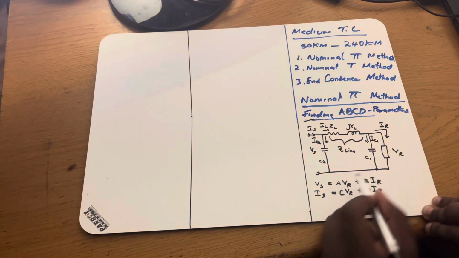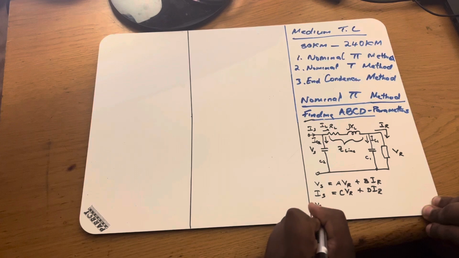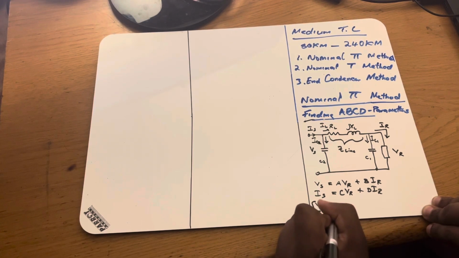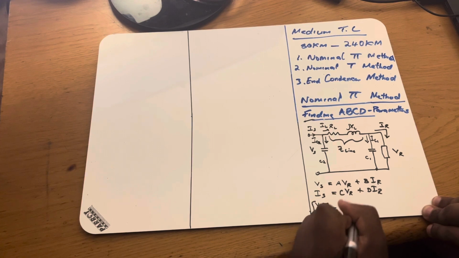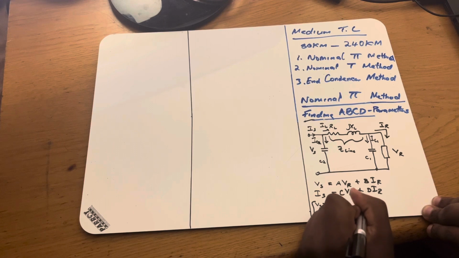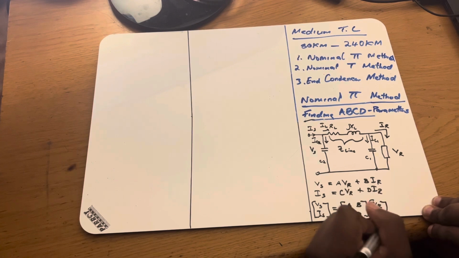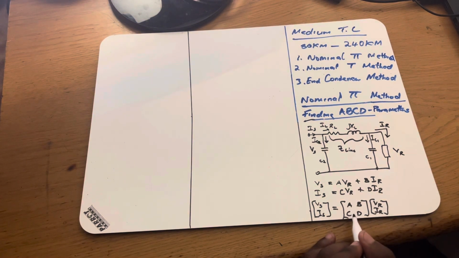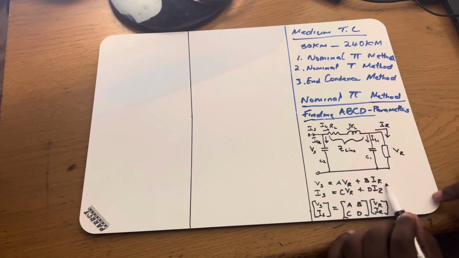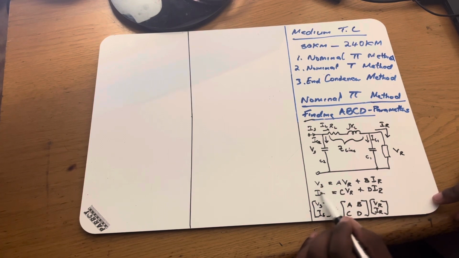Writing this in matrix form will be VS, IS equals the matrix A B C D, times VR, IR. We want to be able to calculate A B C D and then easily find VS and IS.